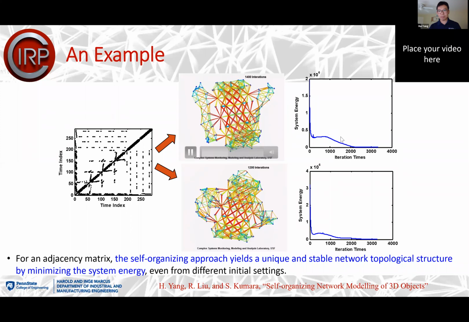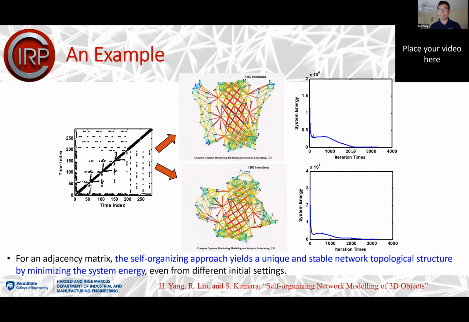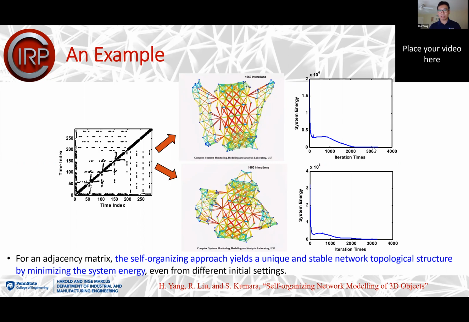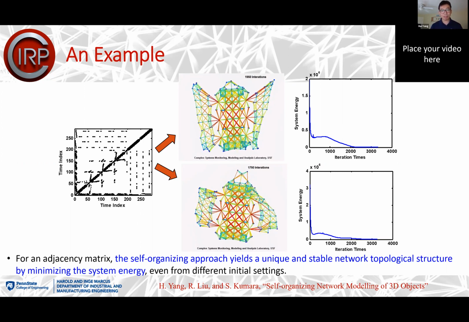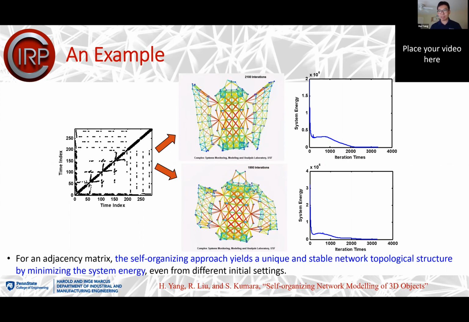350 iterations. At 350 iterations, the energy is not stable yet. But once it reaches 2,000, maybe 3,000, it will get stable. So now we are at about 2,000. After 2,000, we will be able to see the shape of the network.